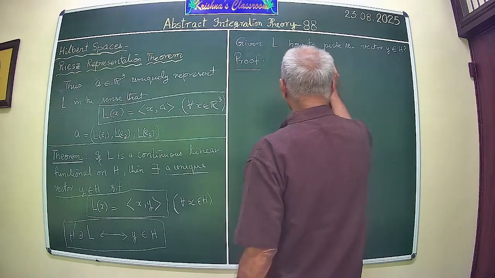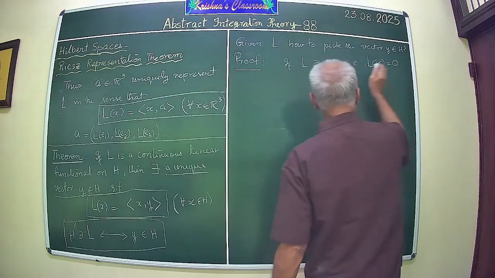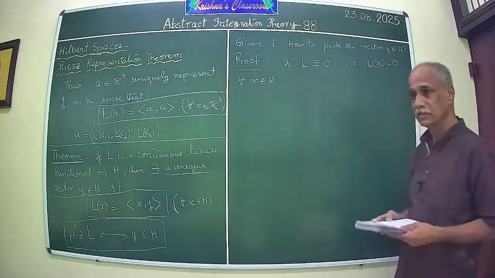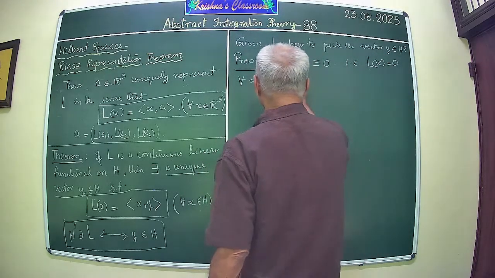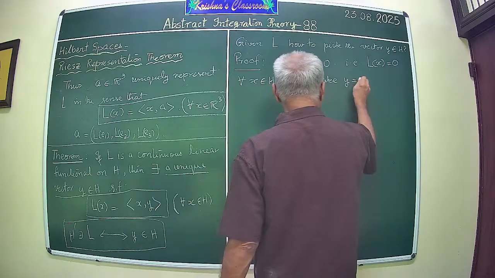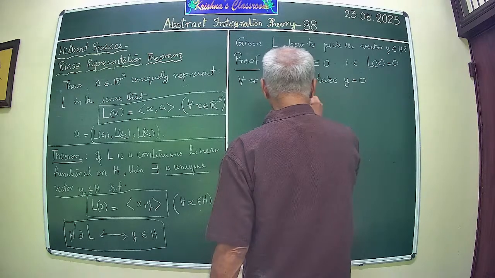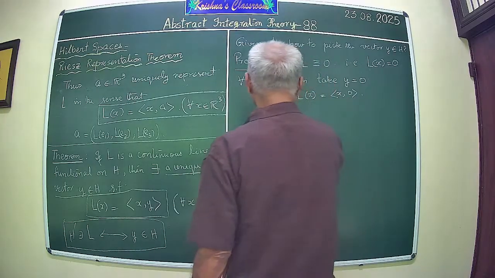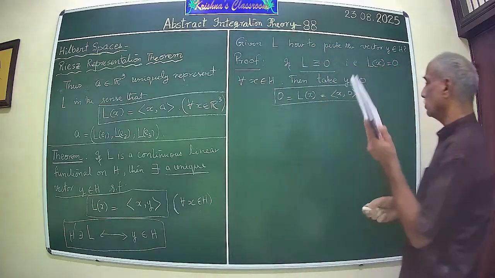First case, the case L is identically equal to 0. That is, Lx equals 0 for every x belonging to H. Then take y equal to 0, so that you see the representation is identically 0.